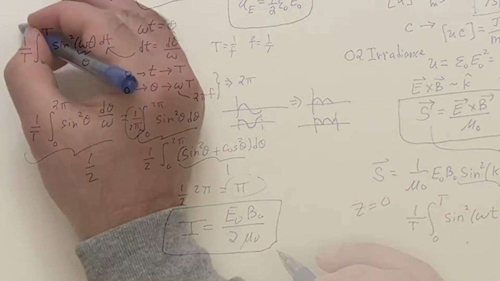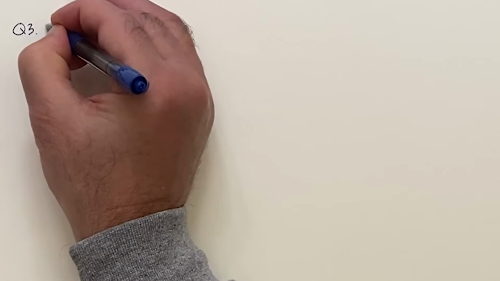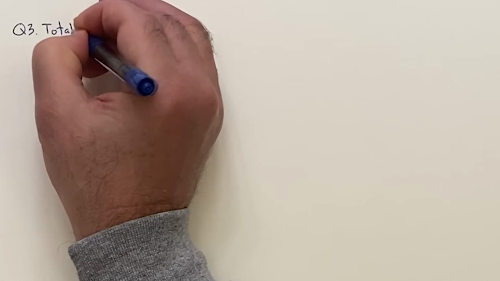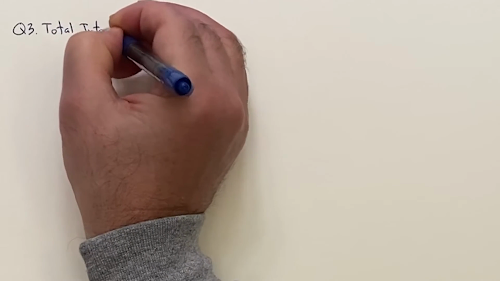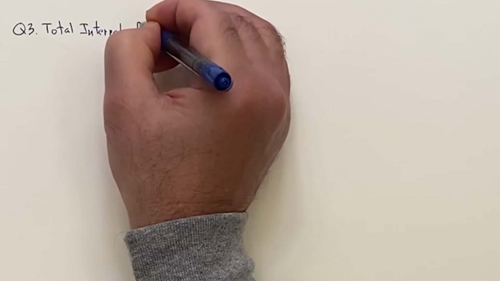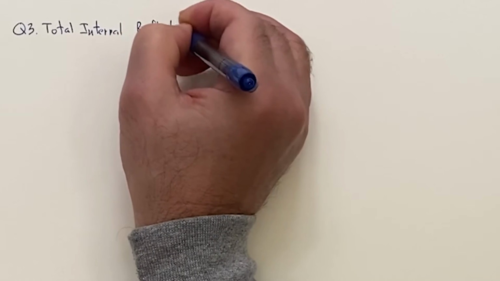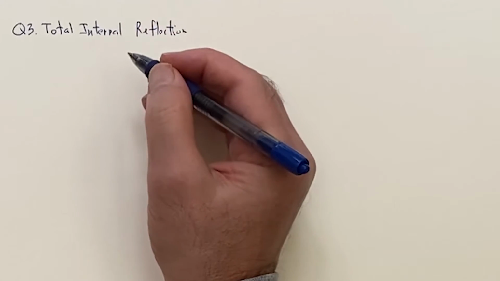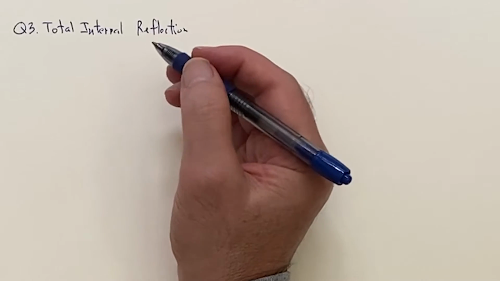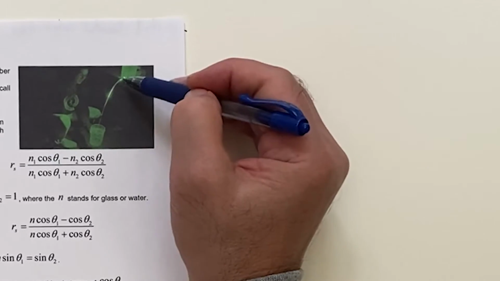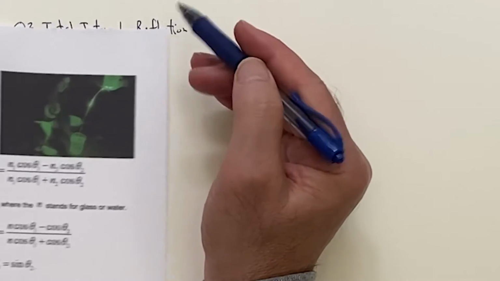That's it. So now we come to a topic we're already familiar with, and that's total internal reflection. We've seen total internal reflection here with the water experiment.